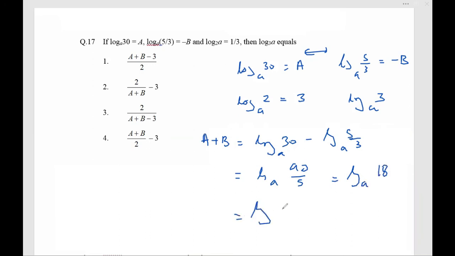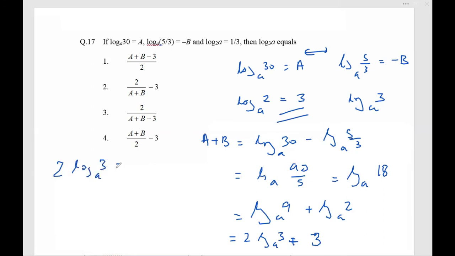That is log of 9 base a plus log of 2 base a. Can be written as 2 log 3 base a plus 3, because log of 2 base a is 3. So 2 log 3 base a is equal to a plus b minus 3.